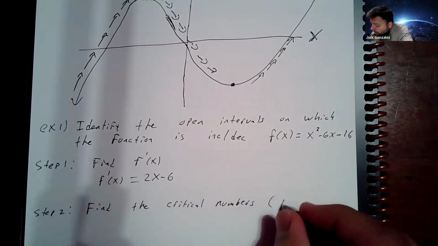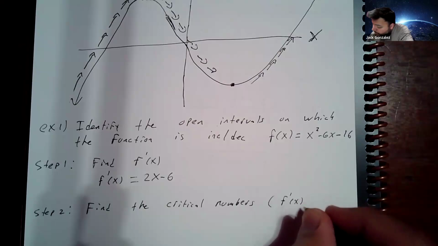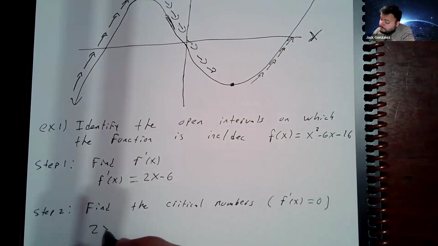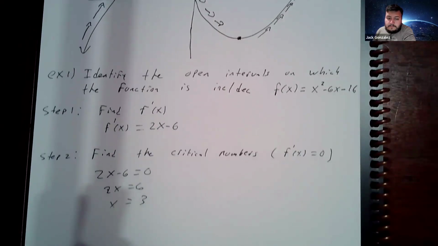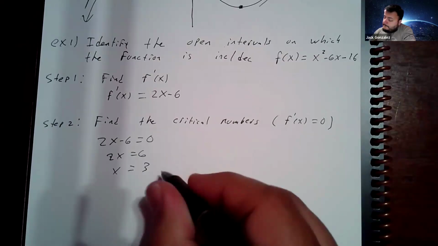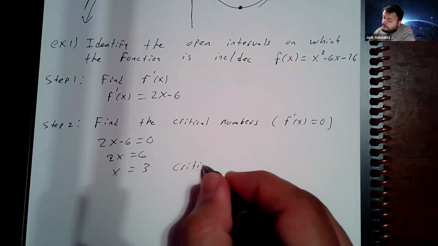So f prime equal to 0. That's what we're going to do. So add the 6, divide by 2. There is the critical number. That was from last time.